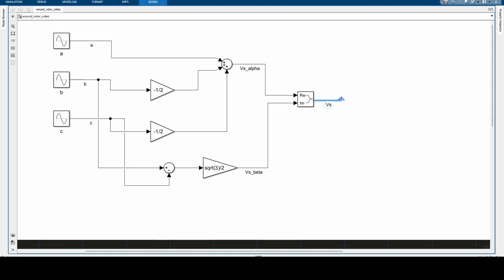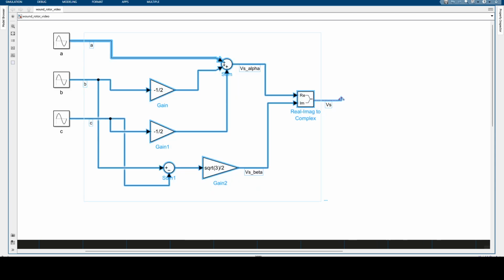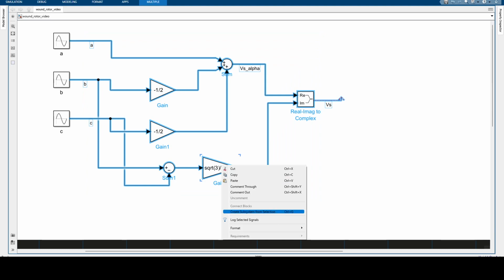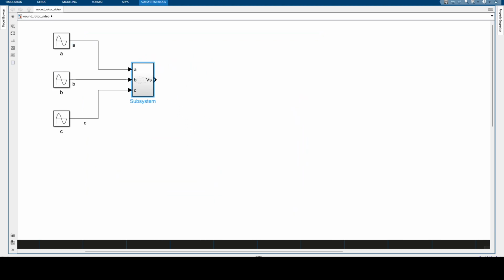And this is gonna be our Vs. Okay, so now we can put all of this into one subsystem, and this subsystem is just our ABC to alpha beta.